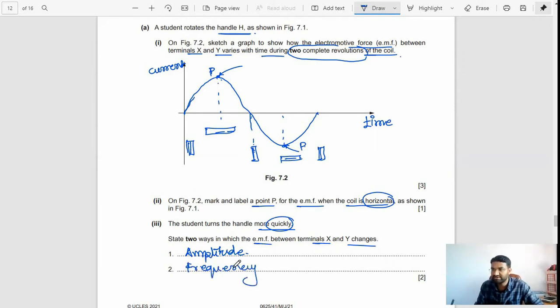Frequency is related to the time taken for one complete revolution. As the student rotates the handle quickly, the frequency changes, and the amplitude is also affected. So these two parameters will be affected by the quick rotation of the handle.